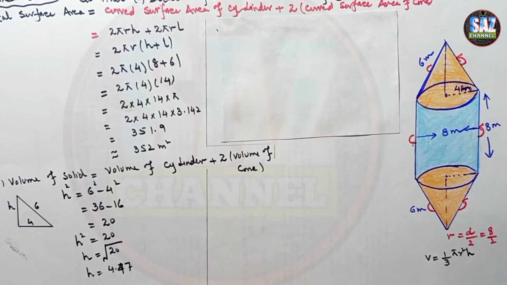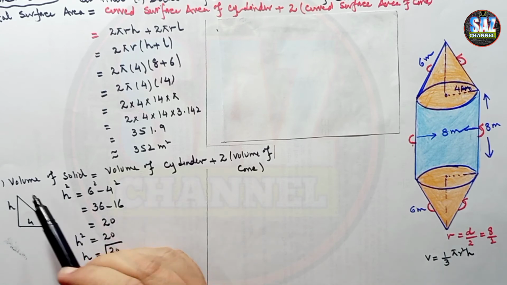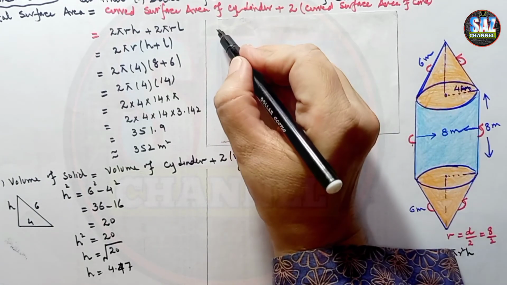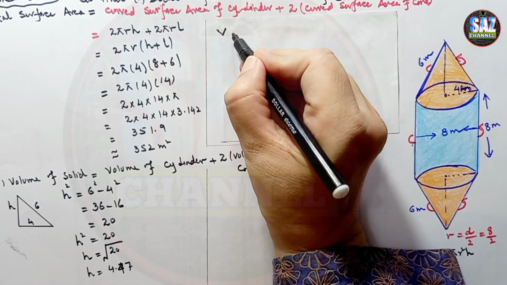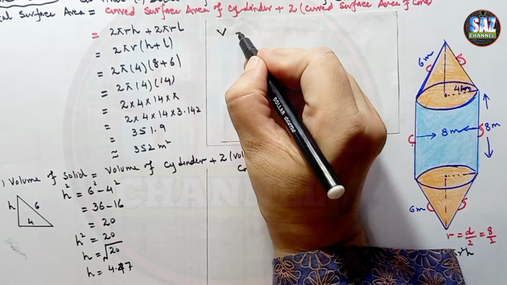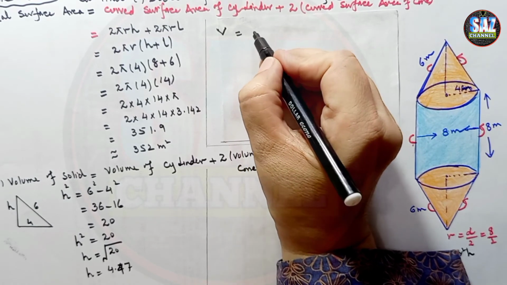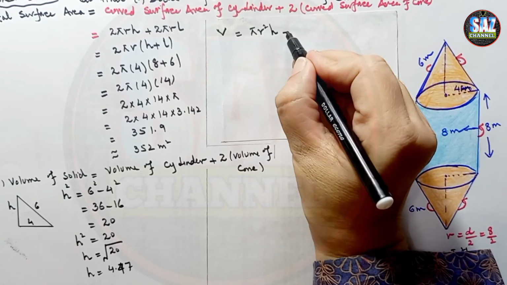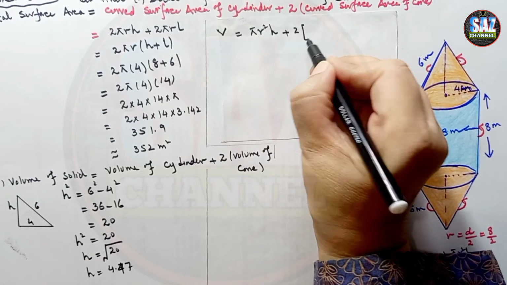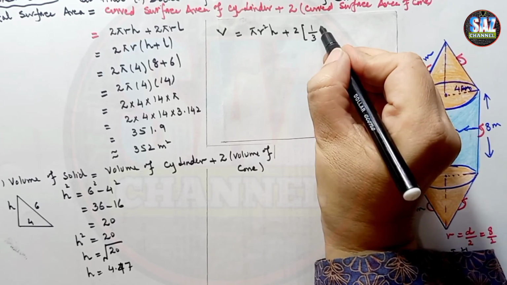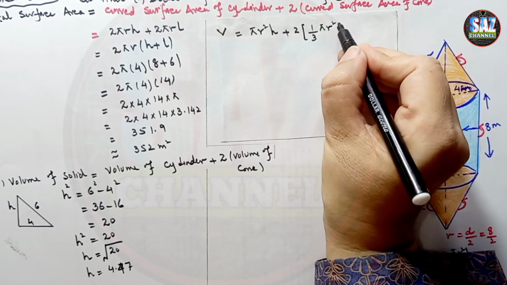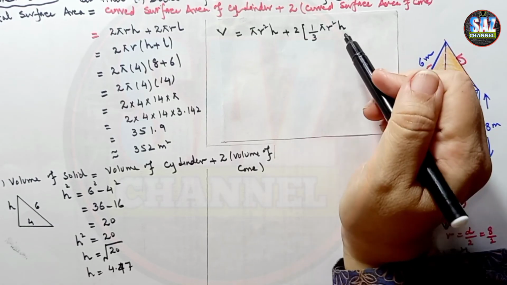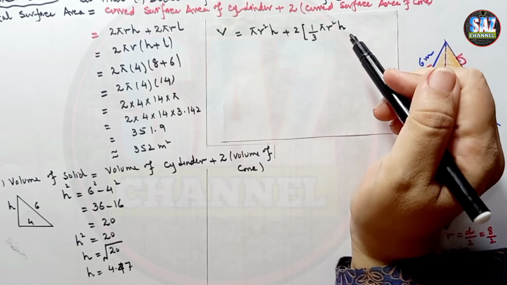Now it's a time to replace the values in the formula, that volume of solid equals to volume of cylinder plus volume of cone, and we have to multiply the volume of cone by 2. So the total volume will be equal to volume of cylinder, that is pi r square h, plus 2 into 1 by 3 pi r square and h. But as we are using the same letter, so the students can misunderstand this.